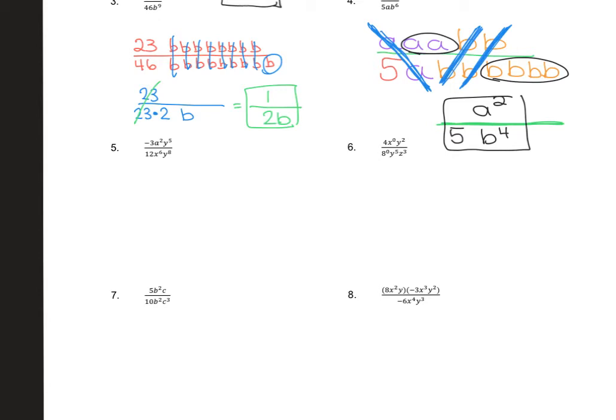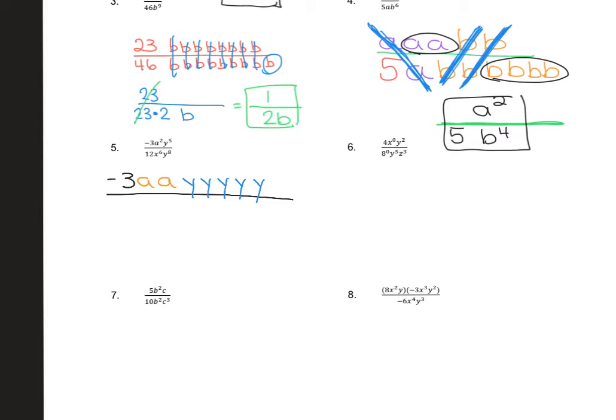All right, let's look at number 5. Drawing my fraction line, or my fraction bar. I have negative 3, y, y. No, I'm not asking you something 5 times. I have 5 y's.